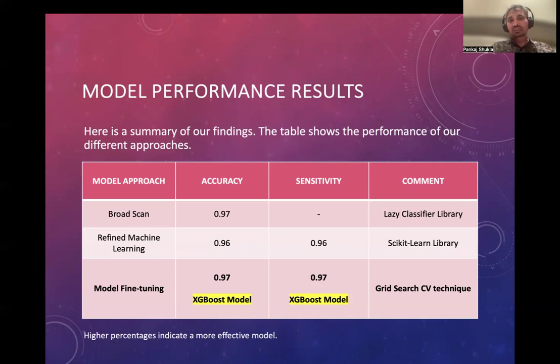Then with the refined machine learning model, we got an accuracy of 0.96 and a sensitivity also of 0.96. After fine tuning, we finalized one model, one technique, which gave us the highest accuracy, highest precision and highest sensitivity, which was 0.97, and XGBoost was the model that helped us achieve this.